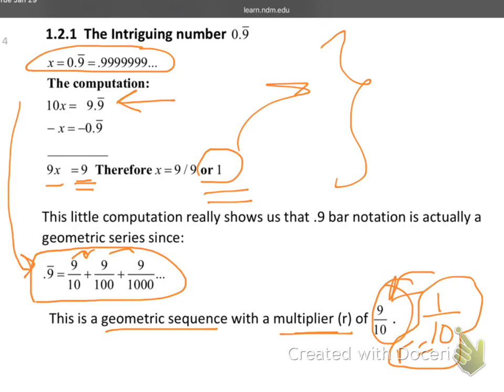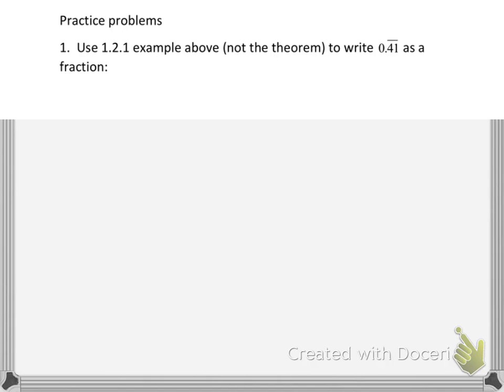So this gets used in the problem that we're addressing right now. Okay, so my A equals 0.41 bar notation. What you want to know is if you want to turn that into a fraction, this is what we're going to do.